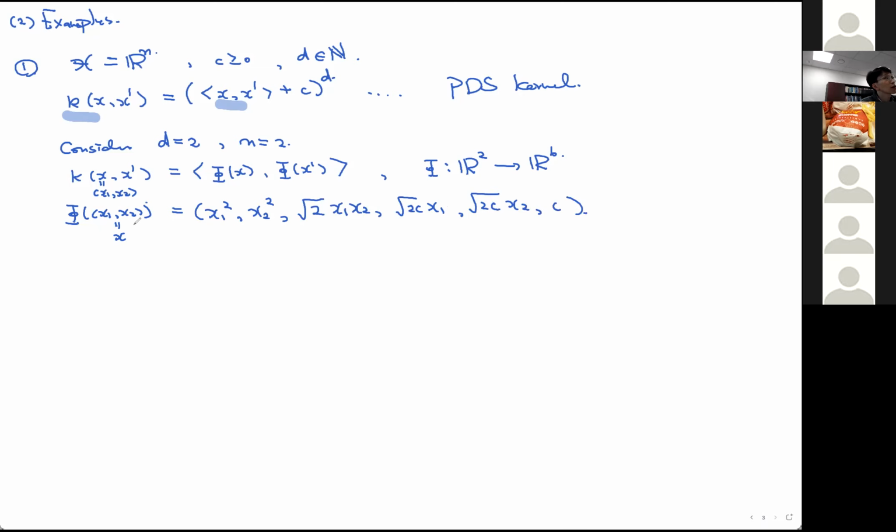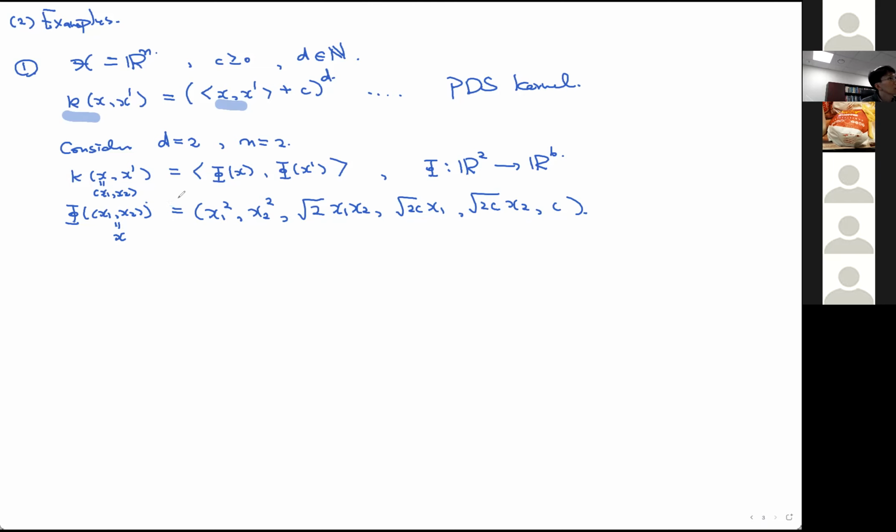So if you use this as a feature map, you take a point in the plane and compute all the possible quadratic terms with the appropriate constants here and there, plus the linear terms and the constant.